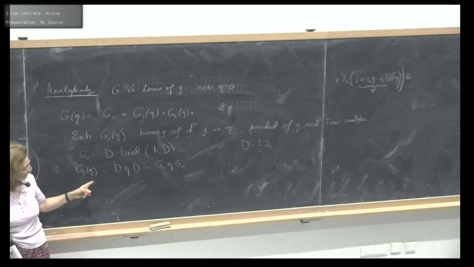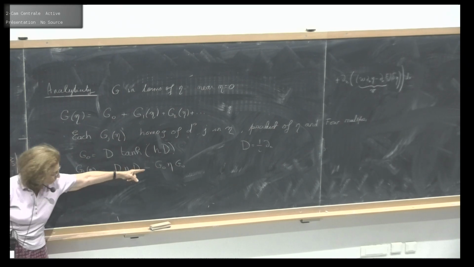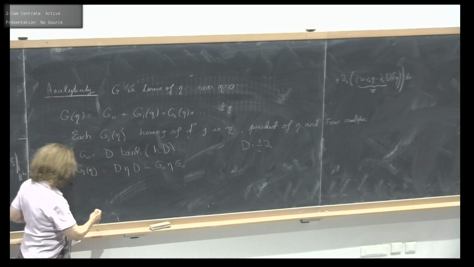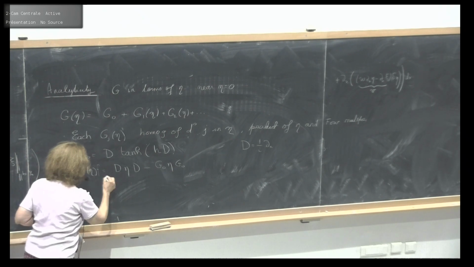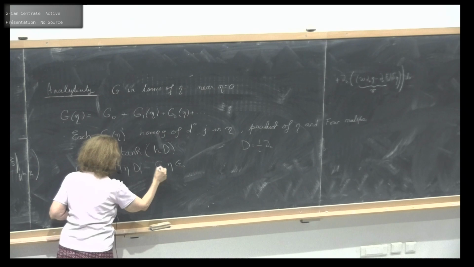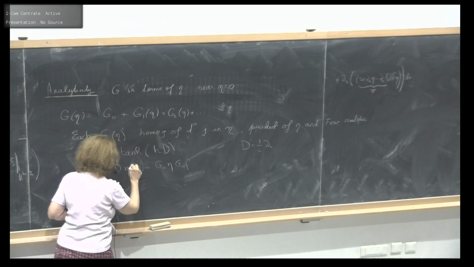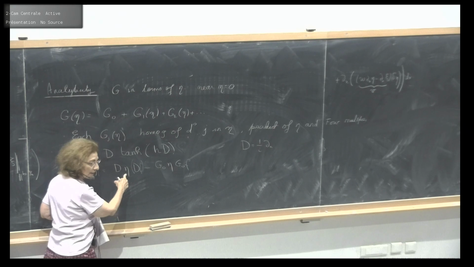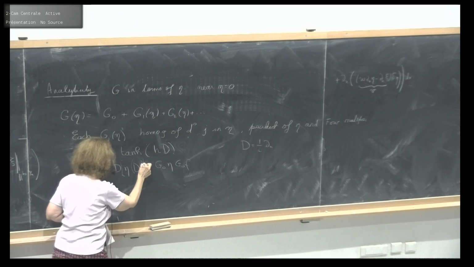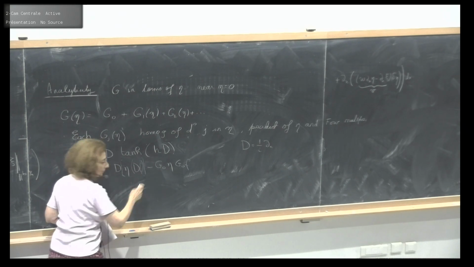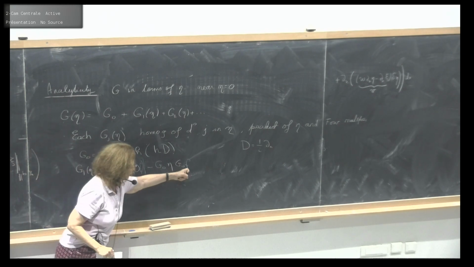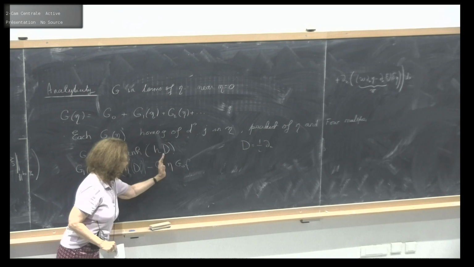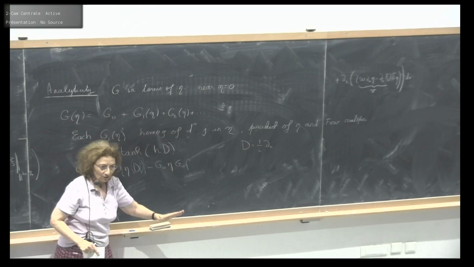But when we write a formula like this, we have to read it from right to left, meaning that if I want to understand what G1 applied to a function f is, I take G0 f, which I know, I multiply it by eta, and then I apply G0 again to the whole thing. Although people don't write parentheses, it means that we applied G0 to f, multiplied by eta, and what you had, you applied G0 again.